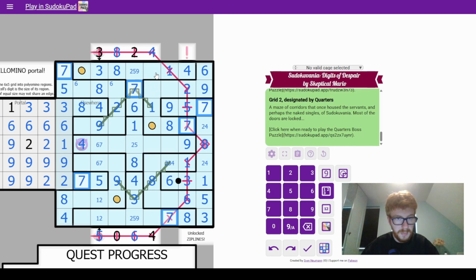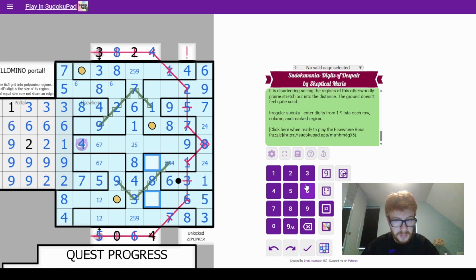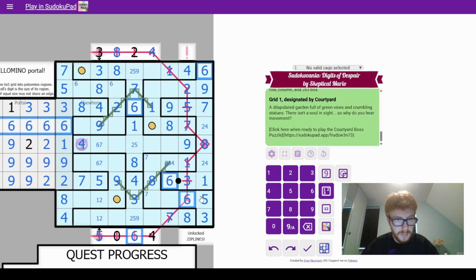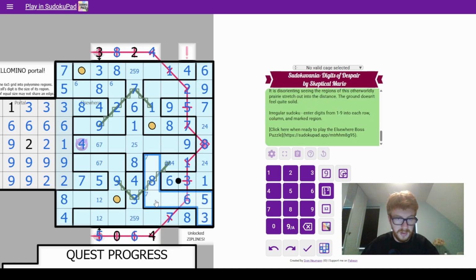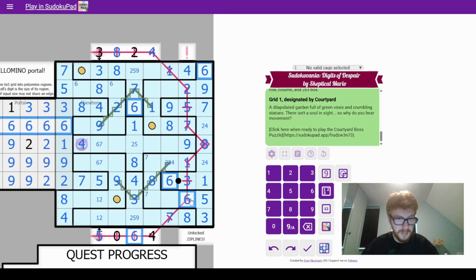In this column, those cannot be 7, that cannot be 7. There has to be a 7 in this box, which is in one of those. It's not even a box, it's a region. I should call it what it is, I guess.